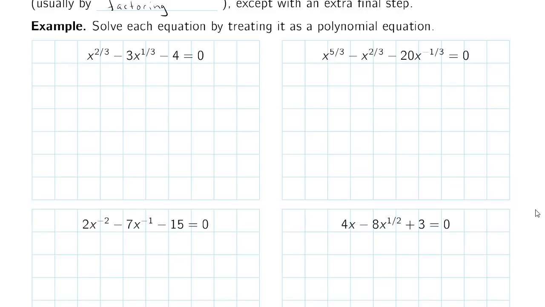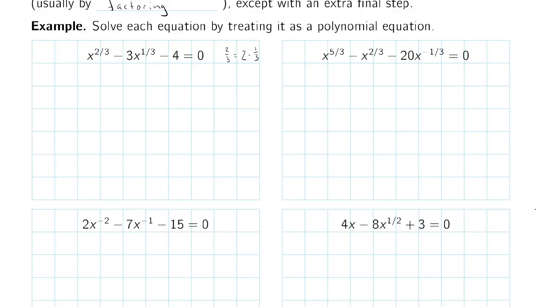If we want to think of these as polynomials, we need to be able to think in terms of integer powers. But in this first example, we notice that 2/3 is 2 times a third.